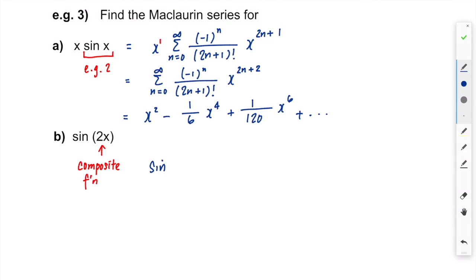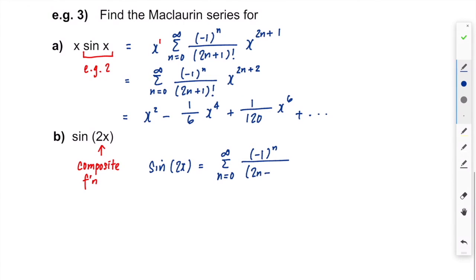Sine of 2x is then the sine Maclaurin series. Wherever we don't have x involved, there will be no change. But then, instead of substituting x, we substitute 2x, and then to the power of 2n plus 1.